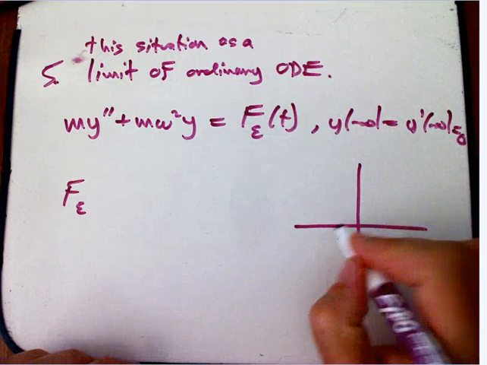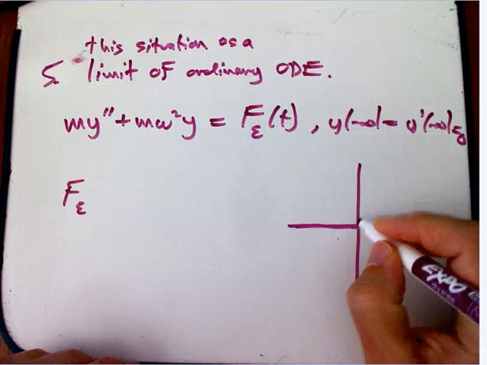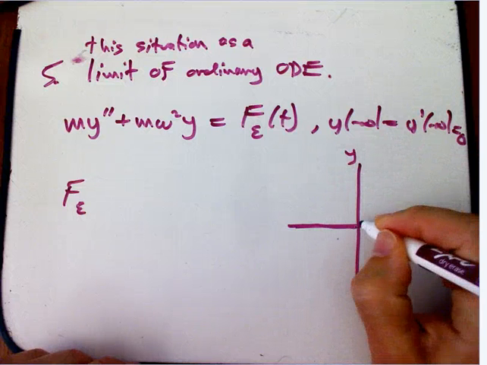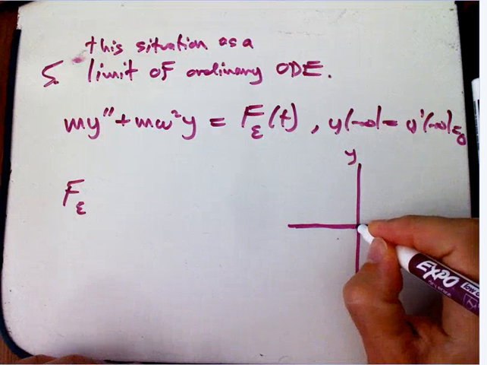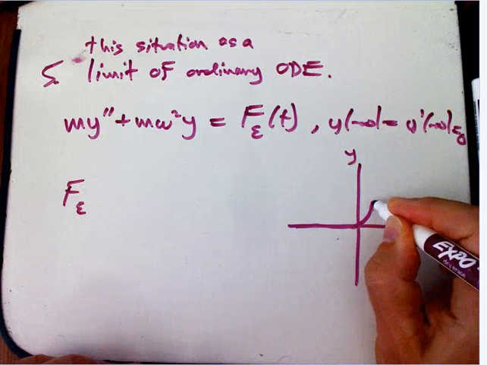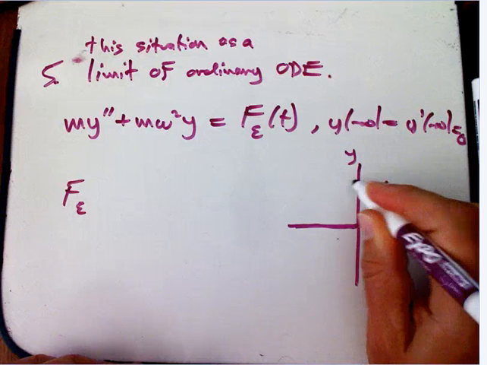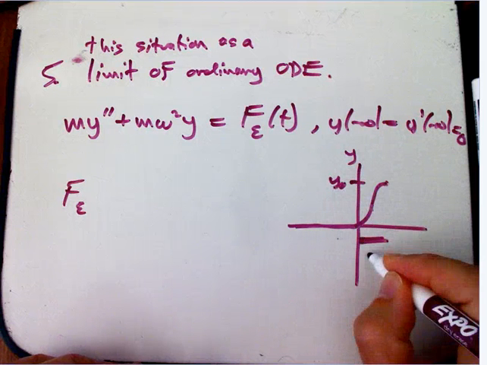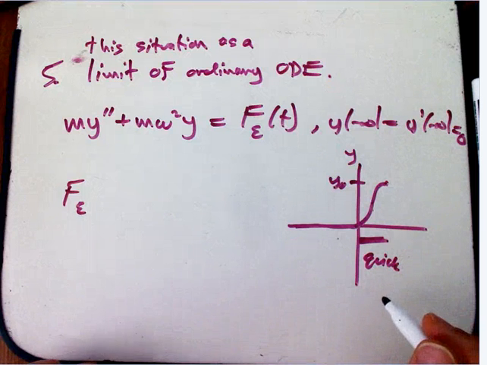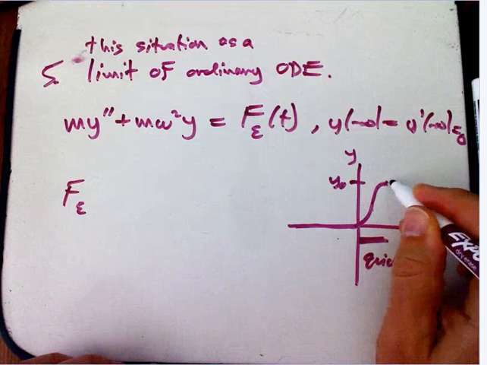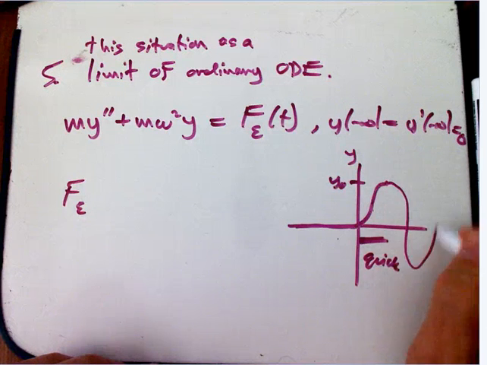To quickly move this function, if you want to look at y first, what we really want is, if we don't have to do it in time 0, we want it to quickly accelerate upwards and then quickly decelerate, ending up at y naught, all happening in a short time, epsilon or 2 epsilon or something like that, and then the spring takes over and does its usual thing.